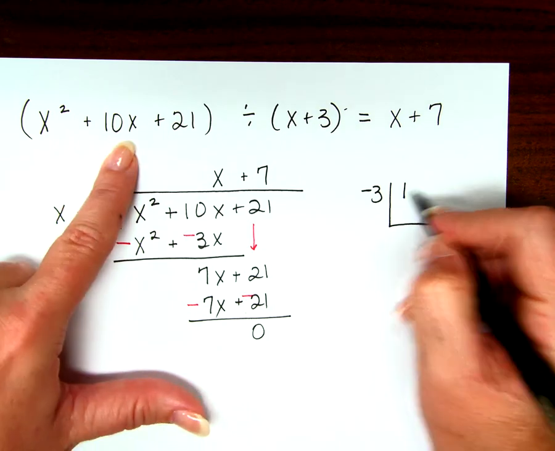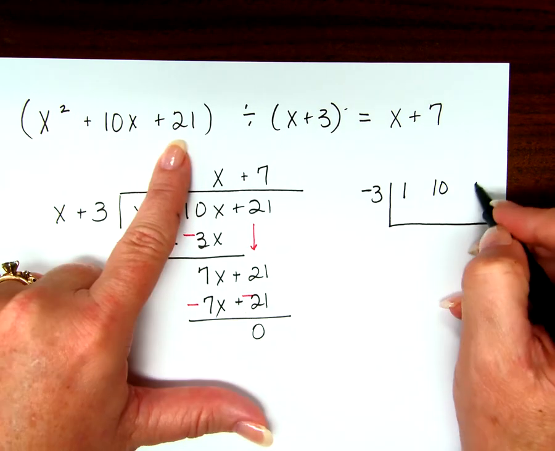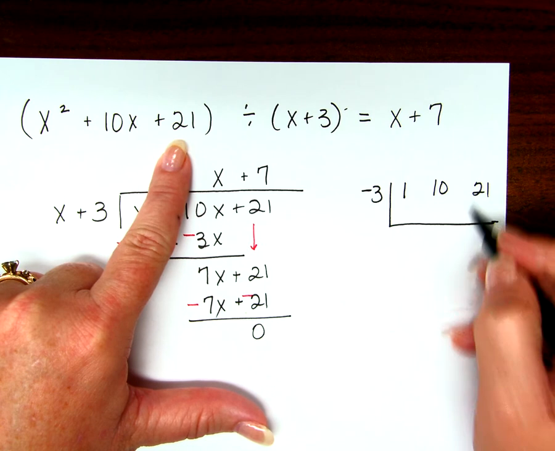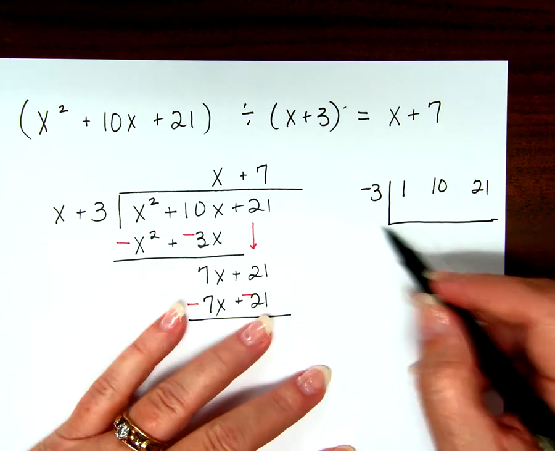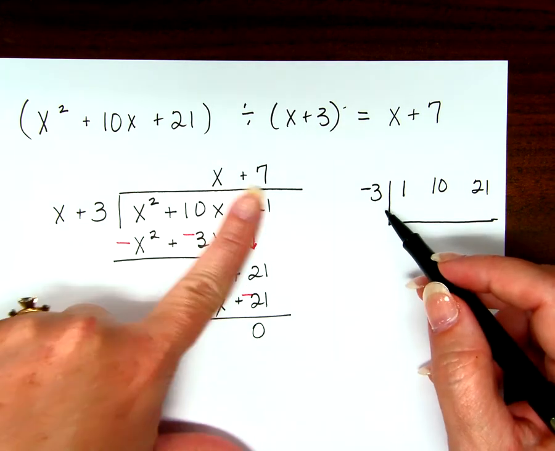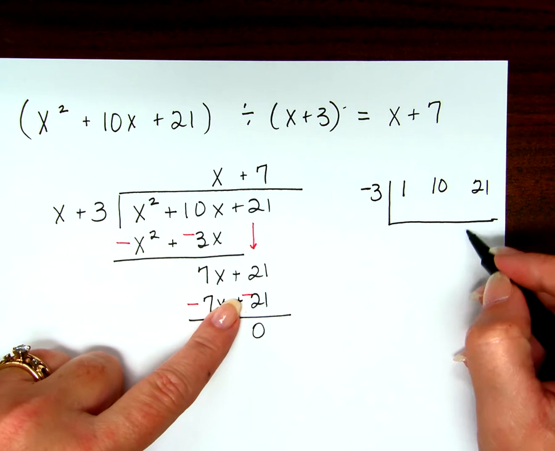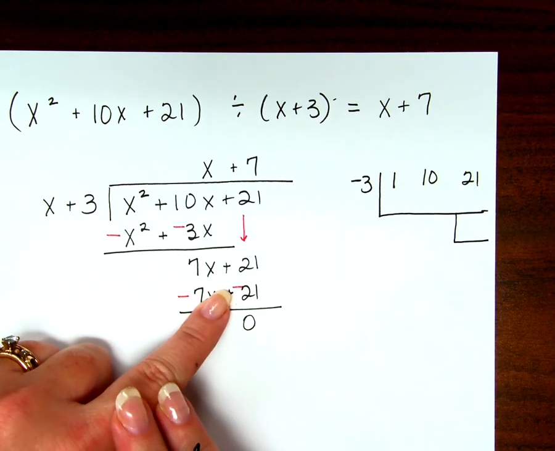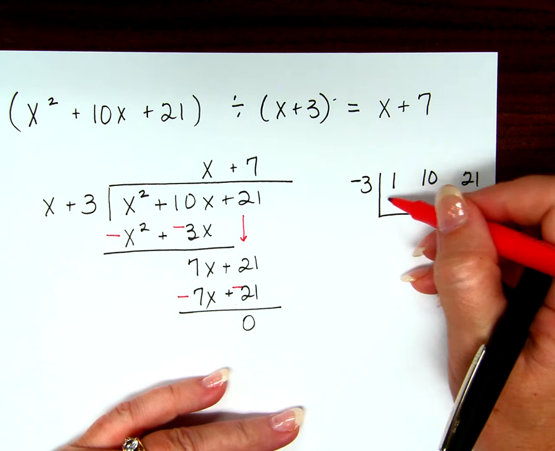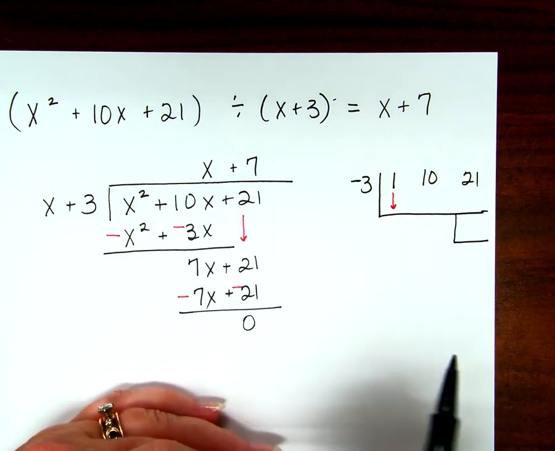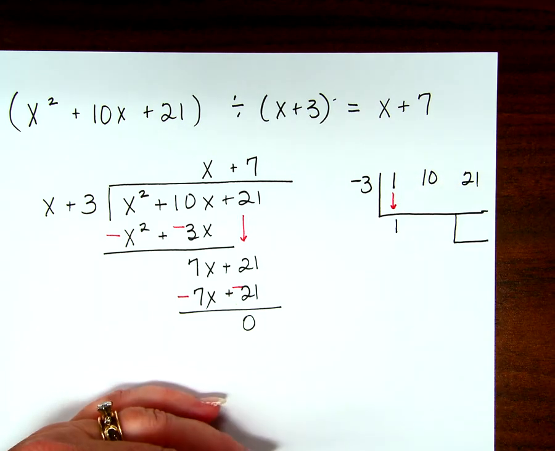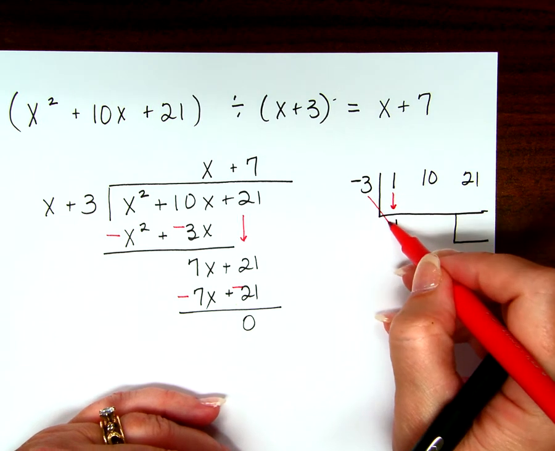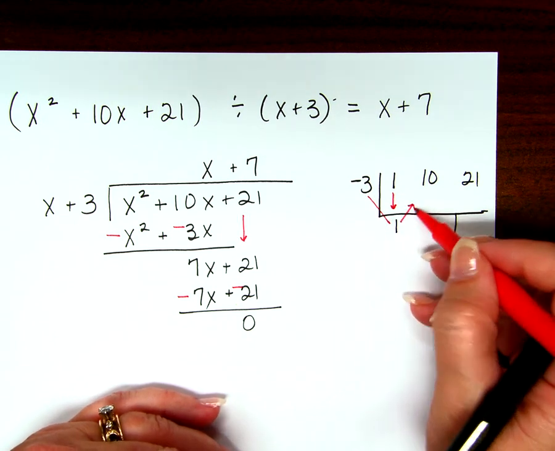A 1, a 10, and a 21 goes on the inside of our synthetic division bar, which is basically an upside down long division bar, right? Underneath our constant goes our remainder box. Okay? Remember, the rules are we bring down the very first term. No matter what it is, I just bring it straight down. And then I multiply these two and write it right there.